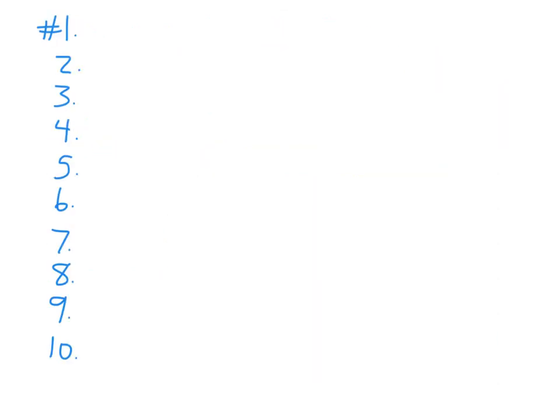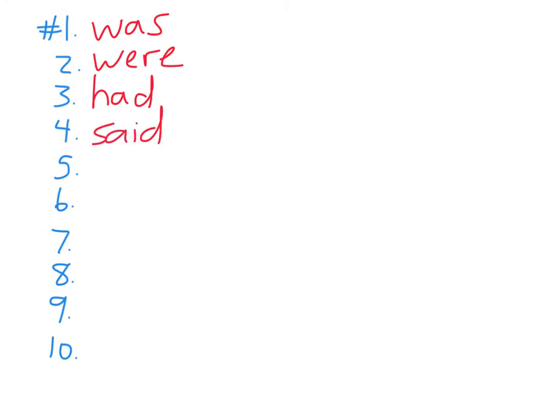What is the number one most frequently used verb in English? Well, was. And number two is were. So to be is very frequent. Number three, had. Number four, said. Number five, did.